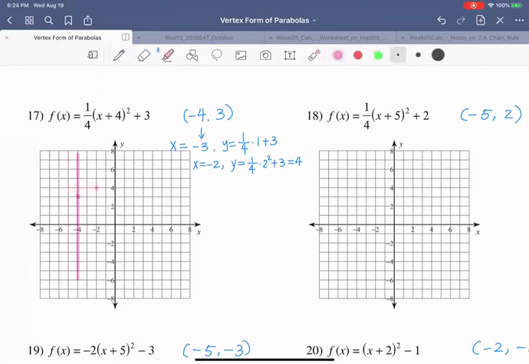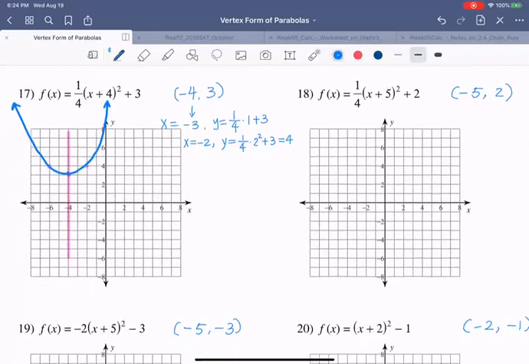Yes? And then you can just draw it, okay? All right? Makes sense now, right? Yes. Okay. Now let's do 18.